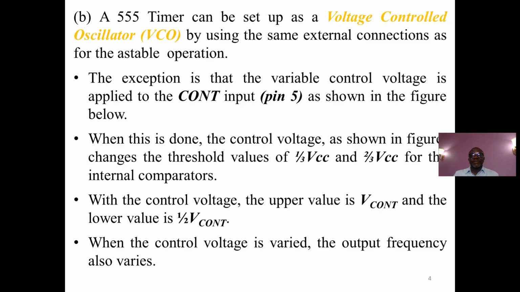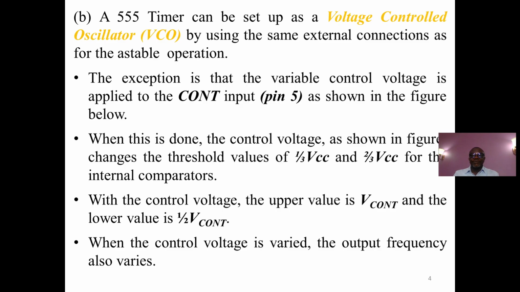But the exception is that the variable control voltage is applied to pin 5, which is the control input, as shown in the figure we'll be seeing later.